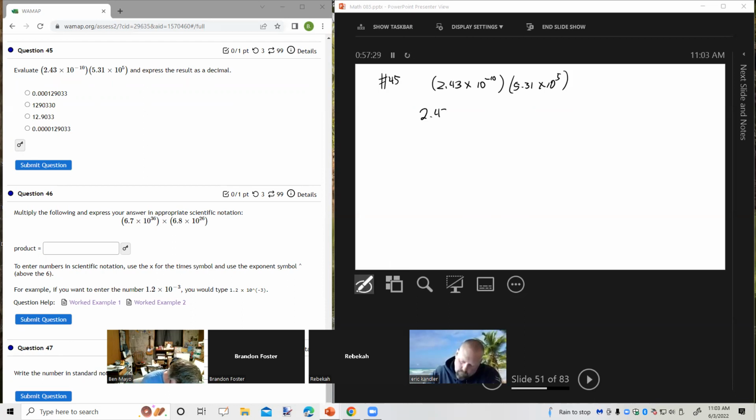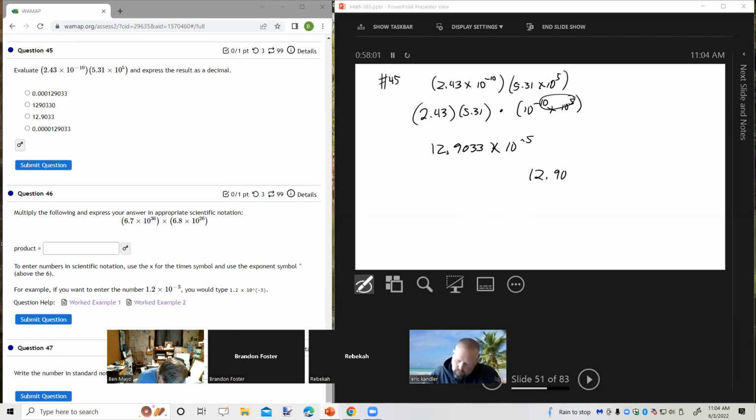So that's 2.43 times 5.31 times 10 to the -10 times 10 to the 5th. 2.43 times 5.31 is 12.9033 times 10 to the -5th power, -10 plus 5, but as a decimal.